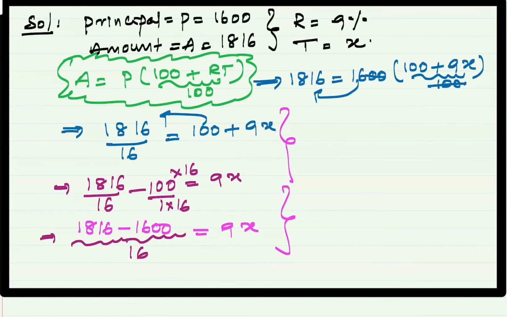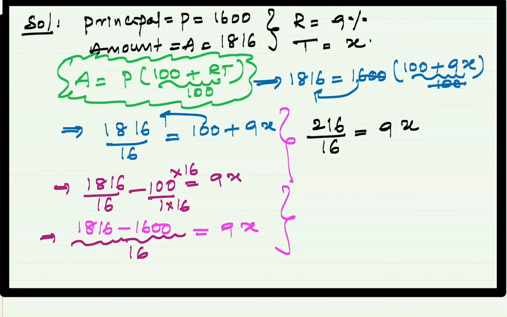So 1816 minus 1600 means 216. 216 divided by 16 equal to 9X.